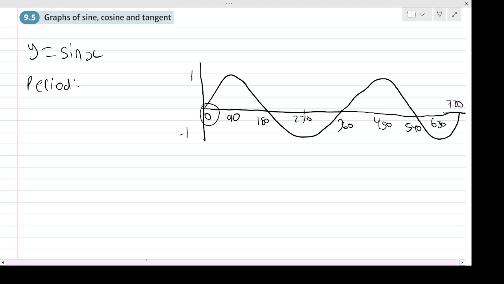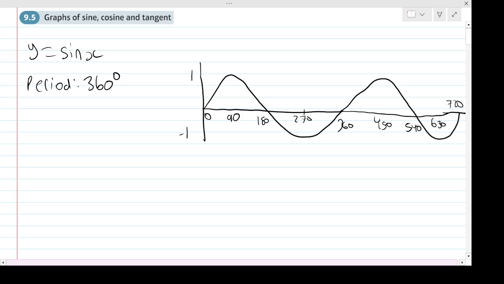So as we see here, it starts at 0. Then at 360, it starts to repeat its shape again, right? So 360 is the period there. That's saying every 360 degrees, the graph goes back to its start, essentially.